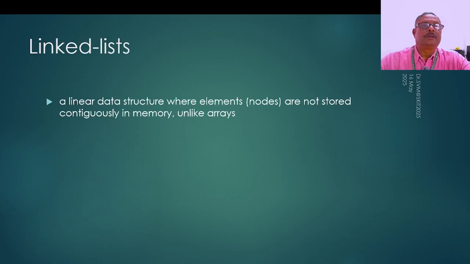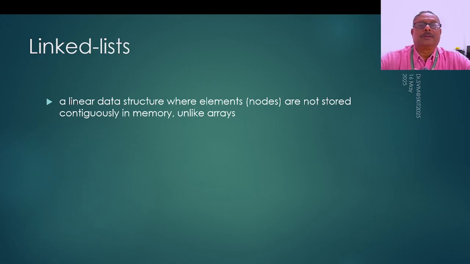A linked list is another linear data structure where the elements, also called nodes, are not stored contiguously in memory, whereas arrays do require contiguous memory locations. The linked list does not require contiguous memory locations for all the elements we want to store.